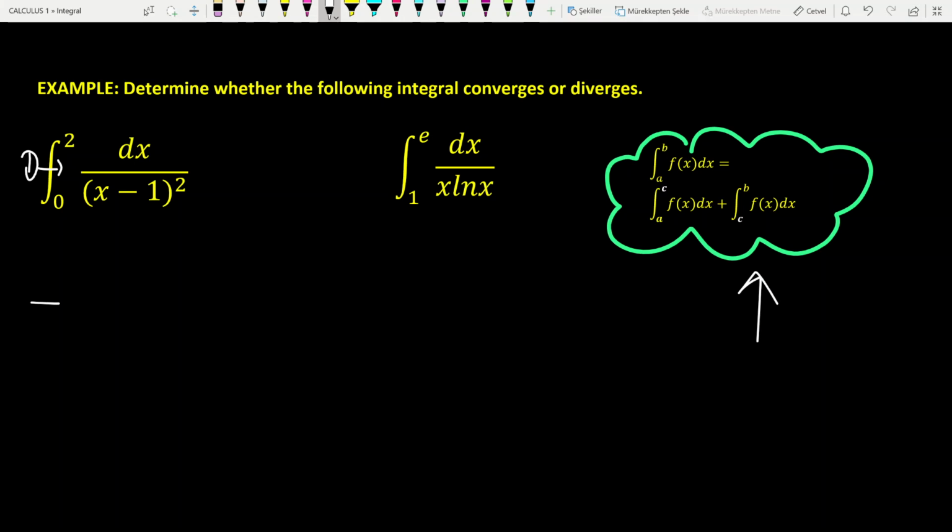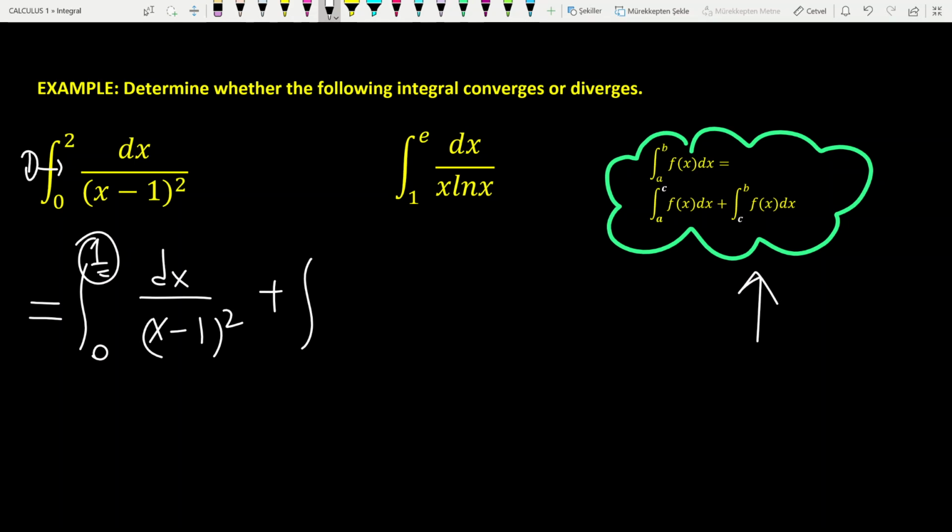So this improper integral is equal to the integral from 0 to 1, since 1 makes the denominator 0 and the integrand undefined, I have to choose 1, dx over (x minus 1) squared, plus the integral from 1 to the other endpoint 2, dx over (x minus 1) squared.